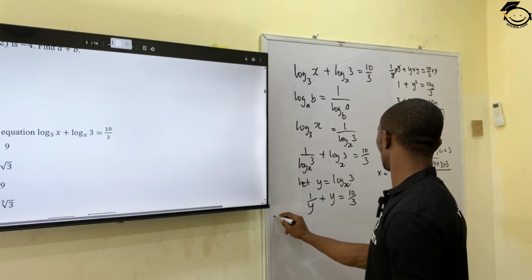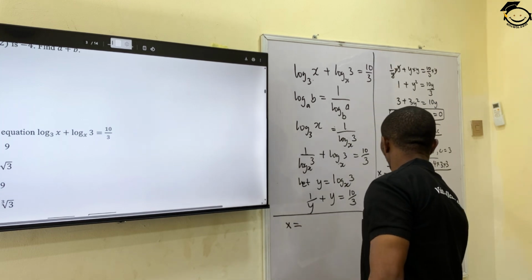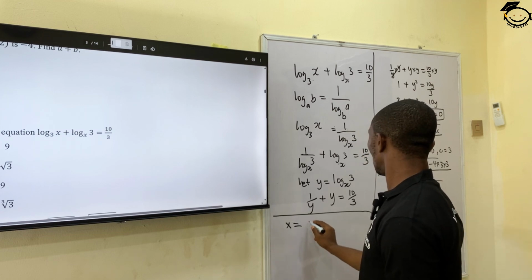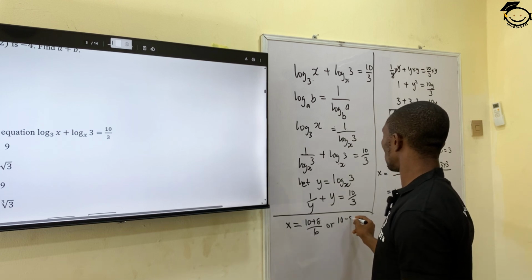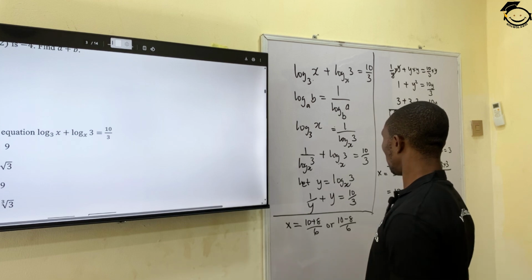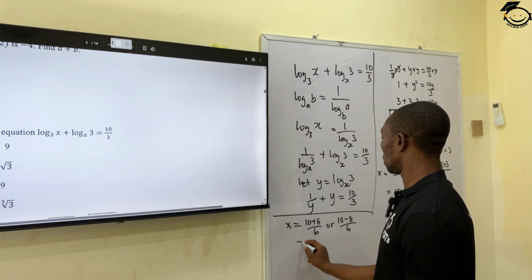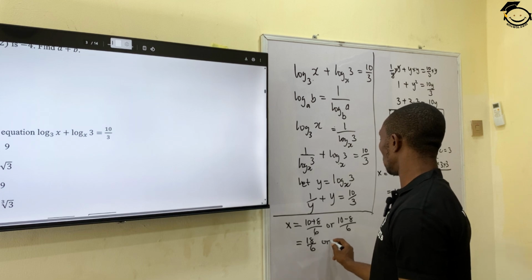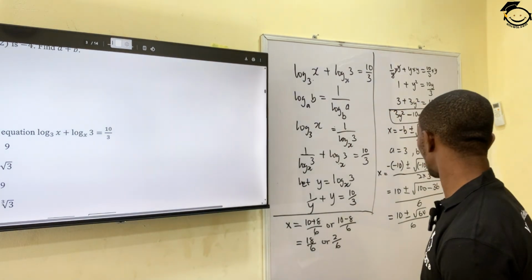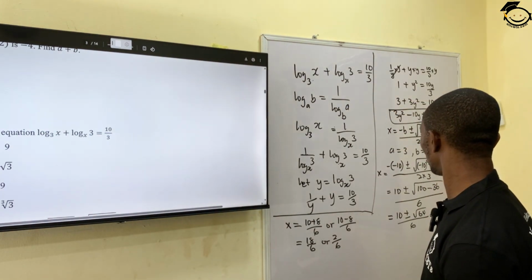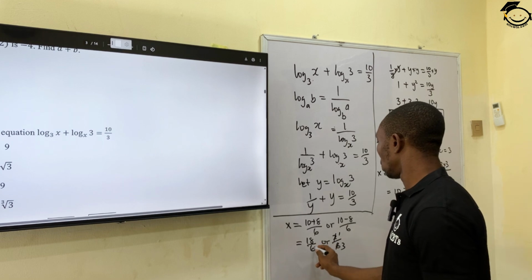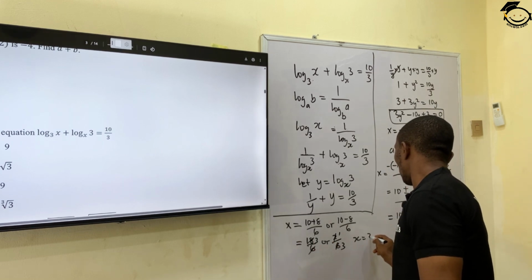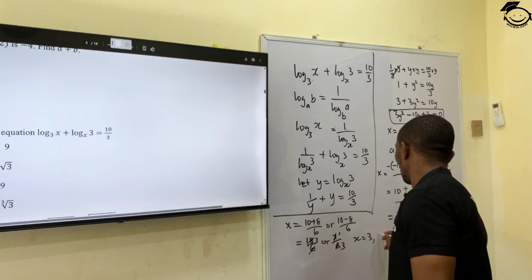So our y would be 10 plus 8 over 6, or 10 minus 8 over 6. And 10 plus 8 will give us 18 over 6, or 2 over 6. So this will leave us with 3 and 1 over 3. So y equals 3 and 1 over 3.